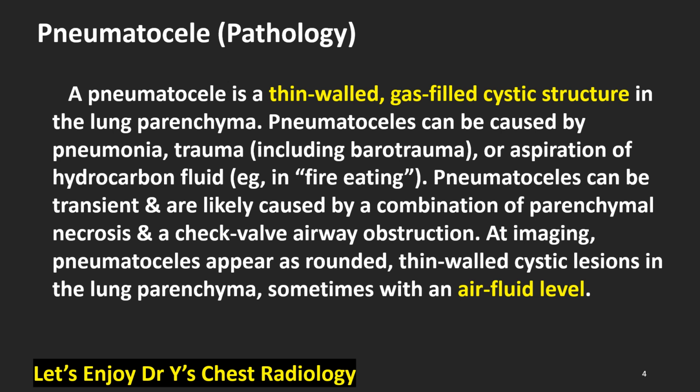Pneumatoceles can be transient and are likely caused by a combination of parenchymal necrosis and a check valve airway obstruction. At imaging, pneumatoceles appear as rounded, thin-walled cystic lesions in the lung parenchyma, sometimes with an air-fluid level.